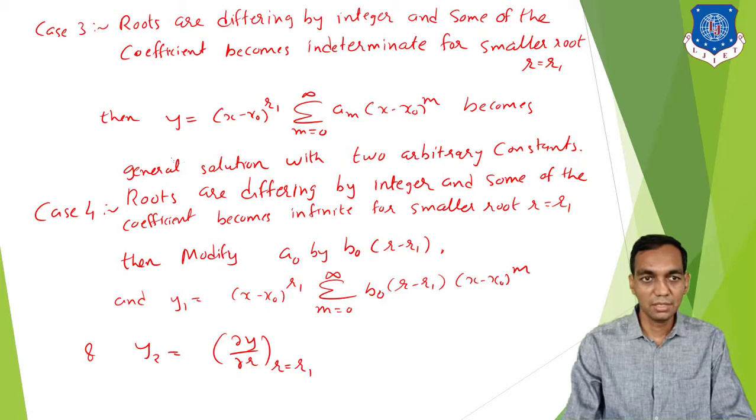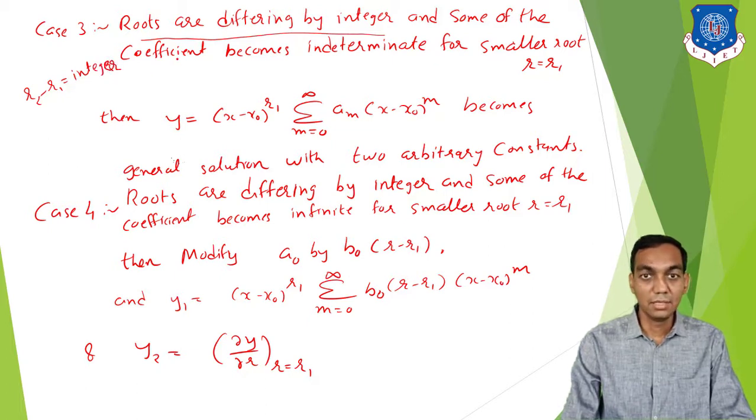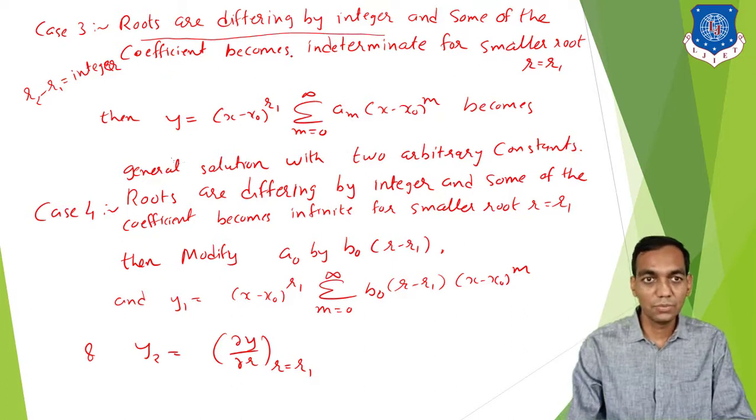In case 3, the roots differ by an integer. That means R1 minus R2 or R2 minus R1 is an integer, and the sum of the coefficients becomes indeterminate for the smaller root.